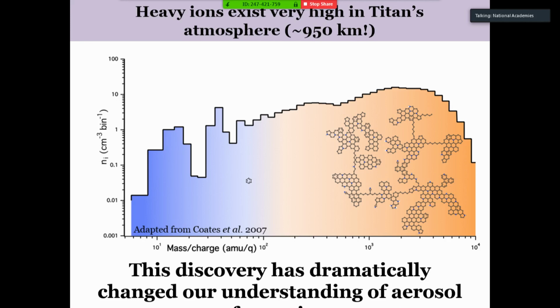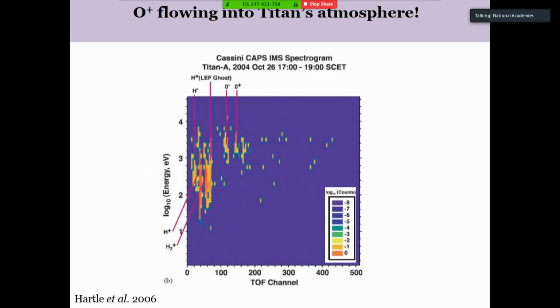And so this has really changed our understanding of aerosol formation. And this is a cautionary tale that I'm going to emphasize in a second. There's one more cautionary tale about the need for in situ observations to go along with remote sensing. I mentioned this discovery of carbon monoxide from Voyager, and as soon as they found it, people started looking at the chemistry models of Titan's atmosphere, and they couldn't reproduce the amount of carbon monoxide.